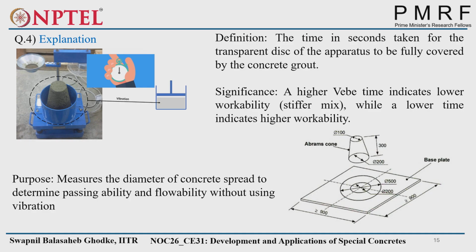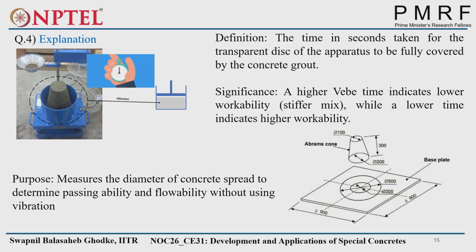In the case of the slump flow, similar to the slump cone, we have the Abrams cone. We just pour the concrete in it, lift it up, and measure how much time is required to reach a 500 mm diameter. Based on that, we find out the flow of highly workable or highly flowable concrete.